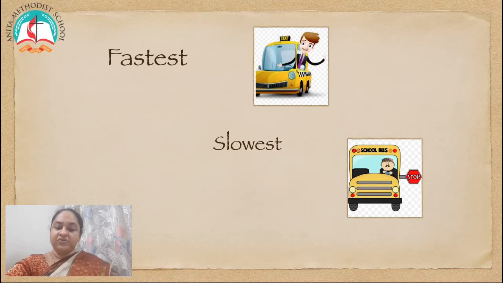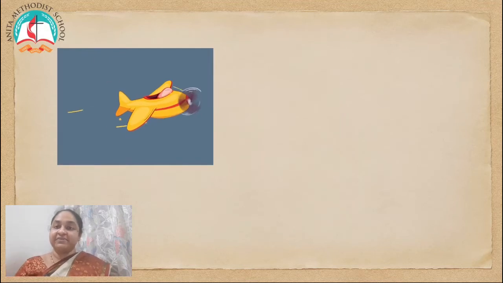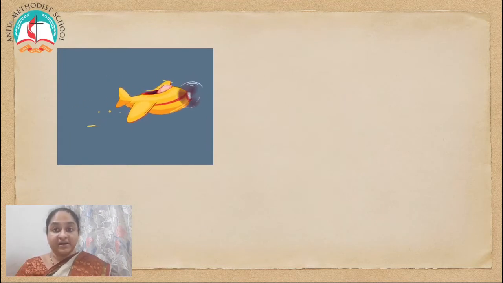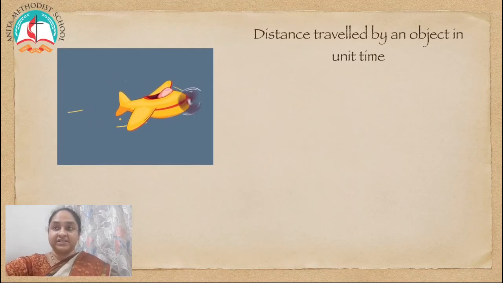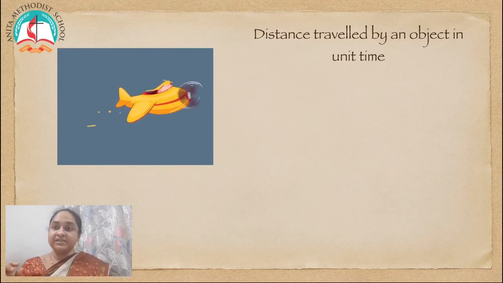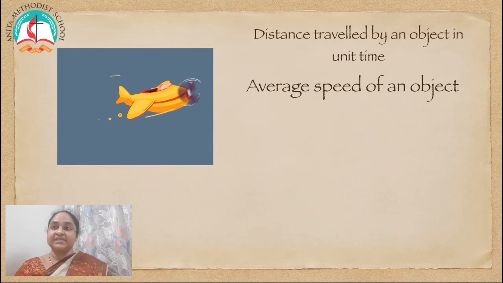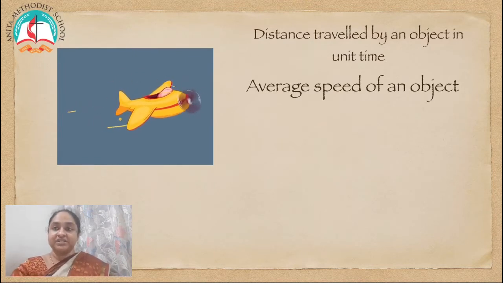Have you noticed that saying who is fast or slow is easy when we calculate the distance they traveled in 1 hour? Everything we will convert to 1 hour. The distance traveled by an object in unit time is called the average speed of the object.